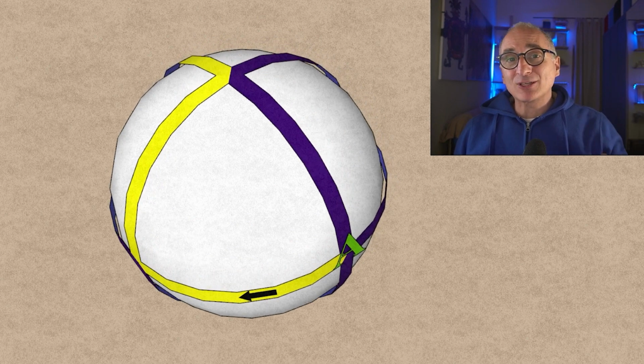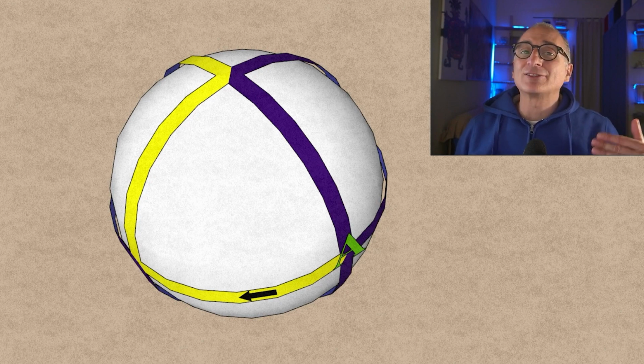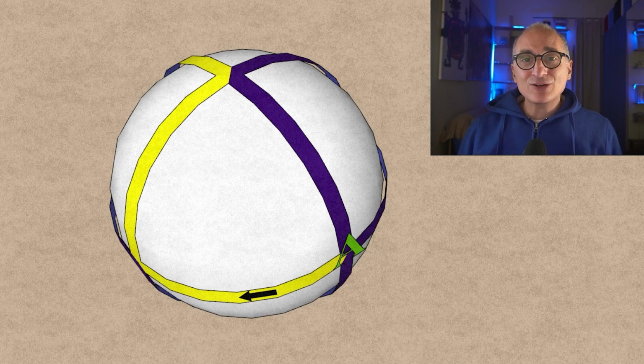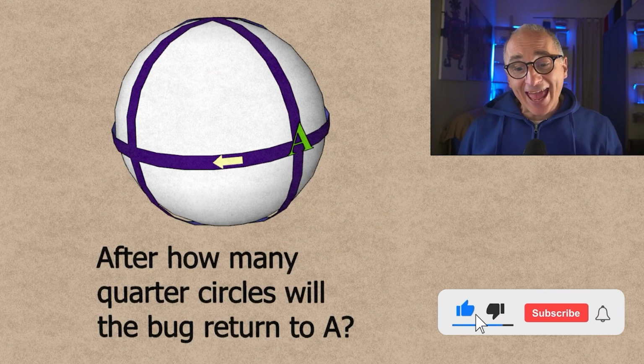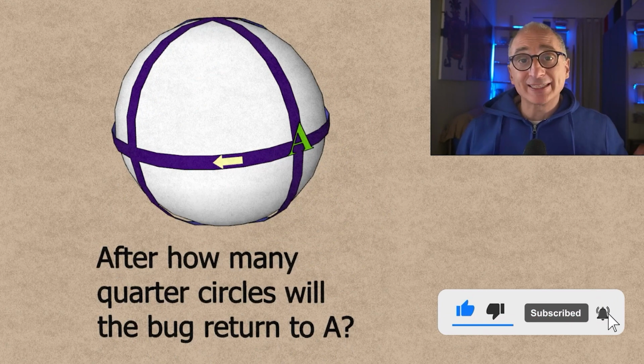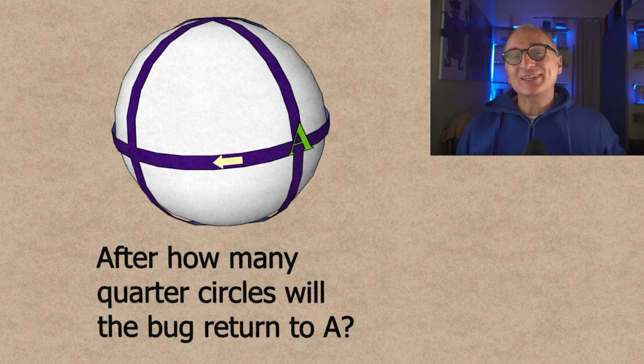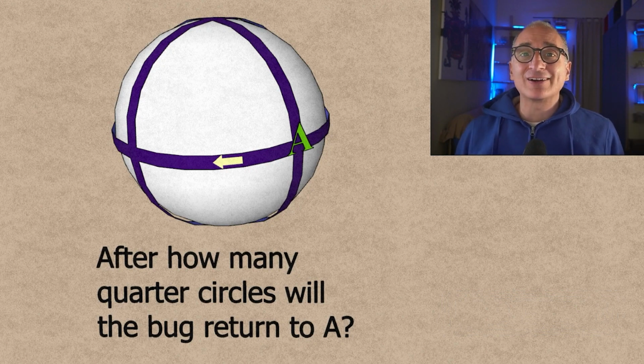And it keeps on turning to the right and to the left, alternatively. And the question for you is, after how many quarter circles will the ant return to point A? So, pause the video if you want to try to solve it, or keep on watching to see my solution.